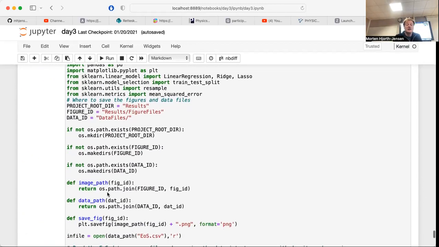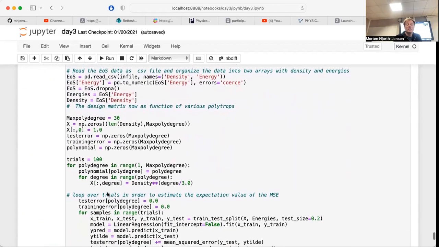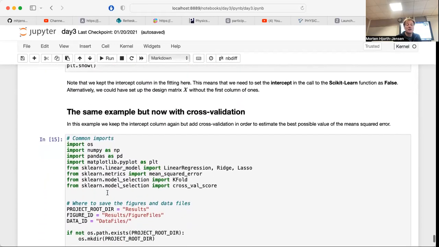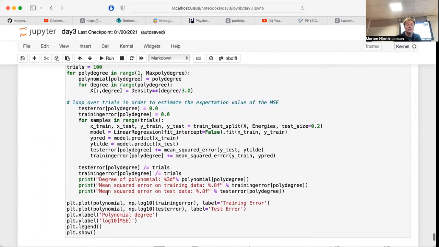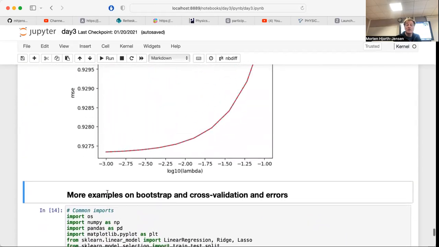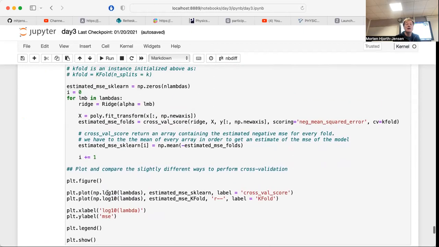Now, in the slides here, you will find more examples on bootstrapping and so on, and I invite you to take a look at them. But the basic idea of cross-validation is exposed in this simple example. I would simply recommend you use the functionality which is baked in. In this specific case, you specify the score function you want to look at, which is the mean squared error, and this does it automatically for you.